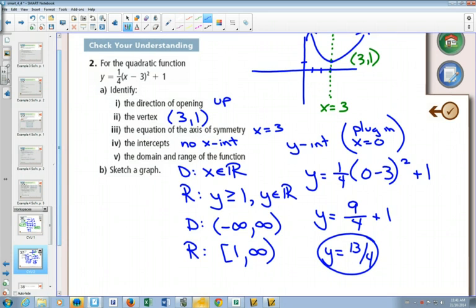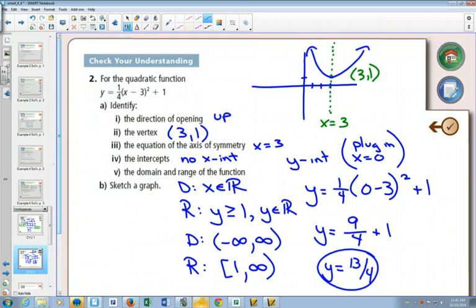We've already sketched the graph. If I wanted to plug another point, when you sketch a graph, it's not enough just to show the vertex, because you need one other point to indicate how wide or how narrow it is. Maybe you decide to put your y-intercept as your other point and label it. So maybe over here where it crosses, you say, well, I know that when x is 0, I have 13 over 4.